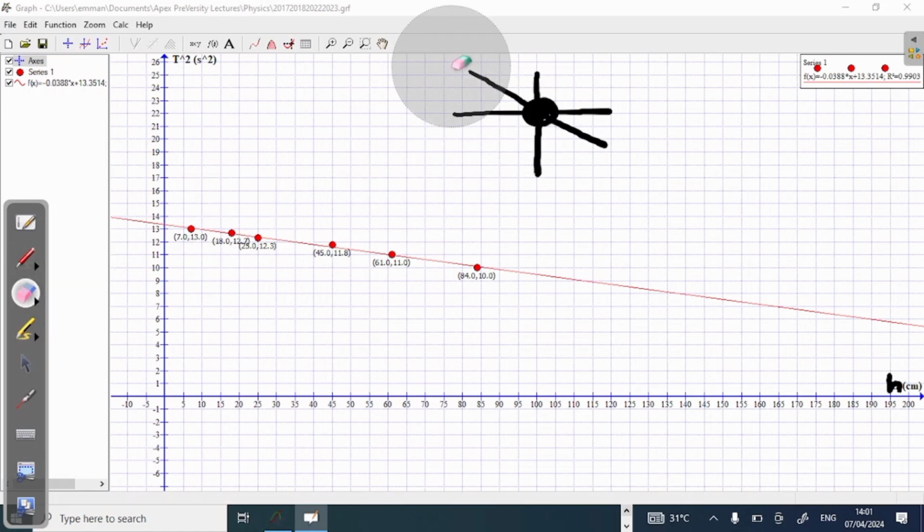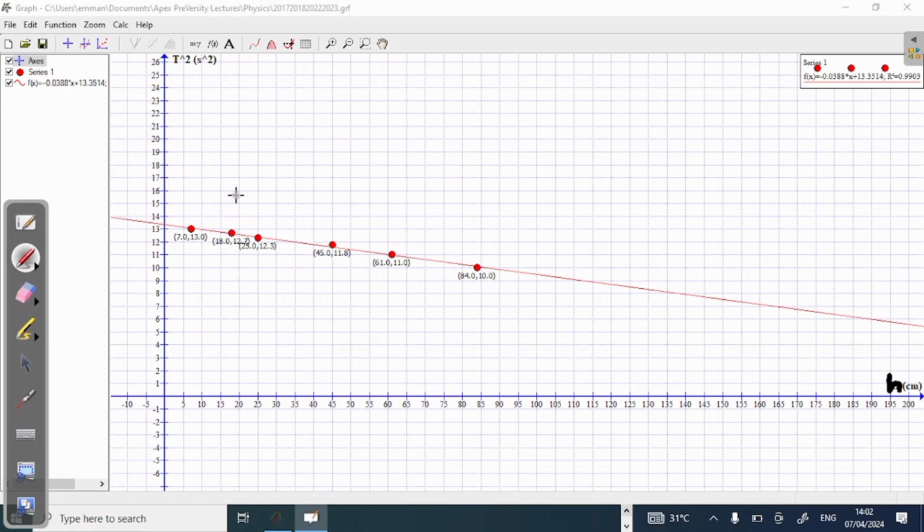But for this one here, the software already gives me the answer of the slope as minus 0.038. That's about minus 0.04. So I don't really have to solve it, but just for teaching purposes, the easiest way to get your slope is to take this point you used. So you can trace this value here. This point here is 18.0, 12.7.